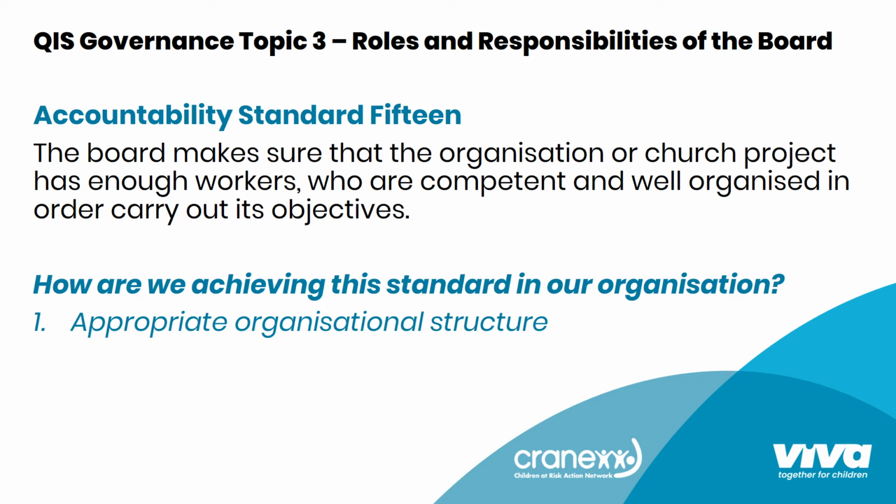So there should be an organisational structure which shows which staff are doing which tasks and who's reporting to who, and the board should have had a part in that process. I would suggest that the board responsibilities would also be tagged onto that organisational structure in some way, that each board member knows their particular area.